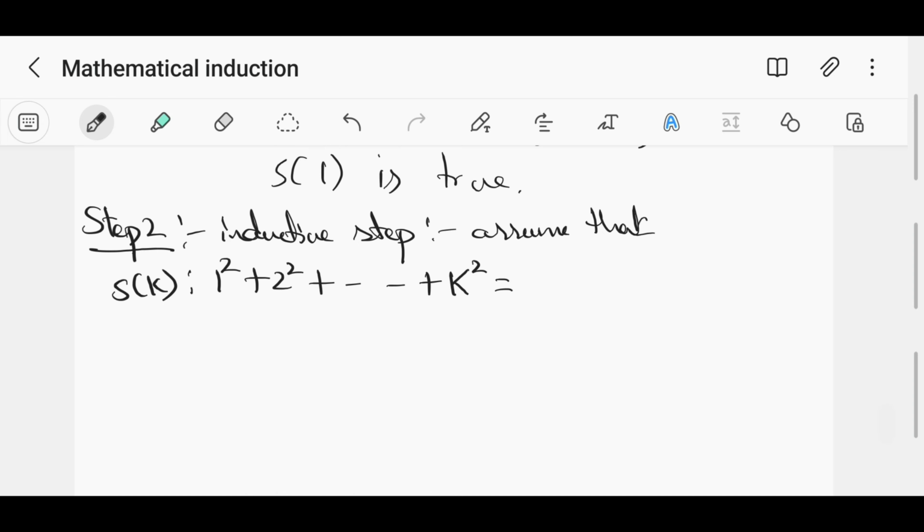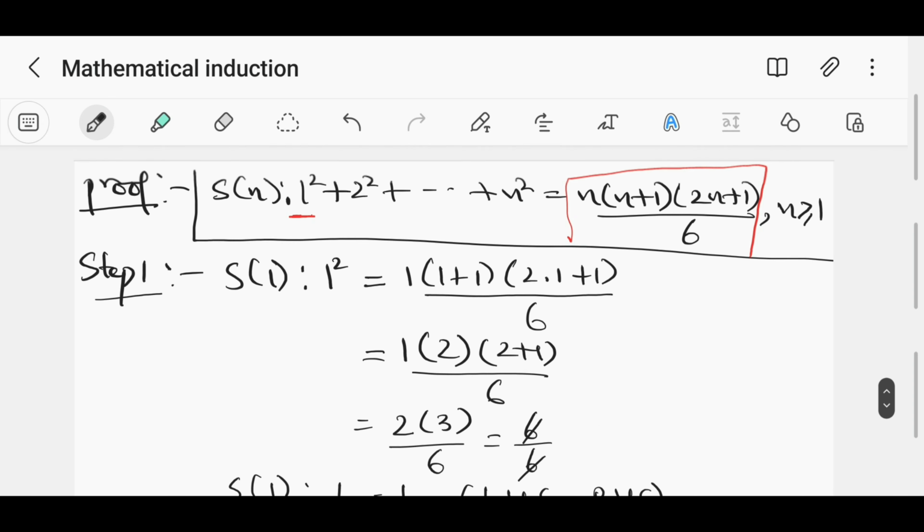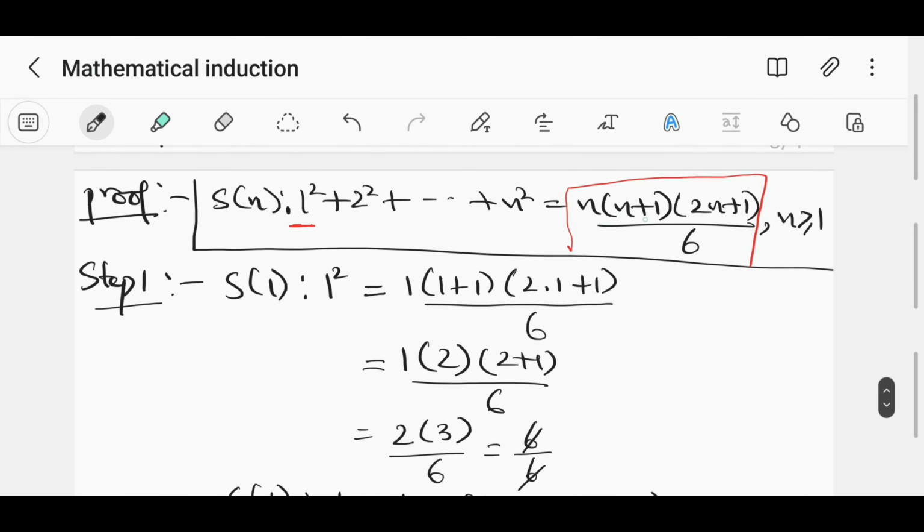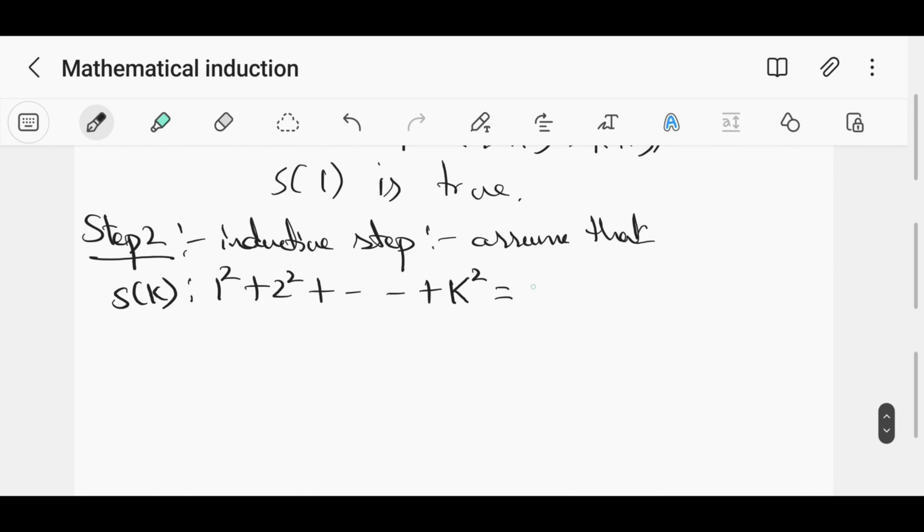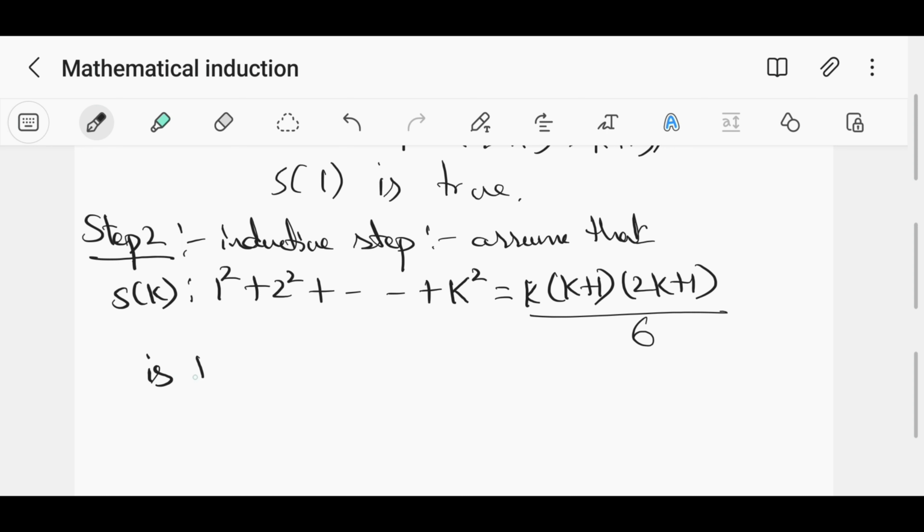That is equal to, if you see here, you have n into n plus 1 into 2n plus 1 by 6. So in place of n, I am substituting k. So what do we get? We get k into k plus 1 into 2k plus 1 whole divided by 6. Fine. So we are assuming that this is true for k greater than or equal to 1. This is our assumption, step 2.